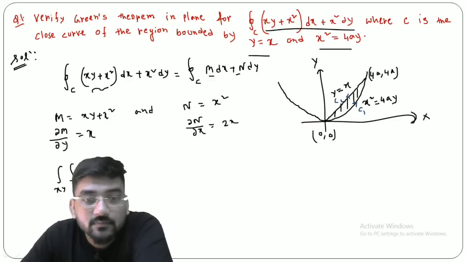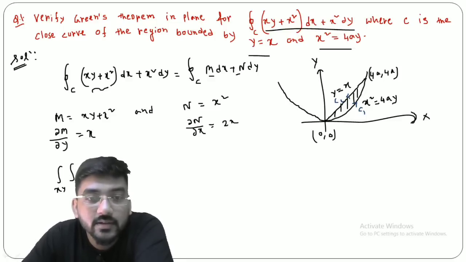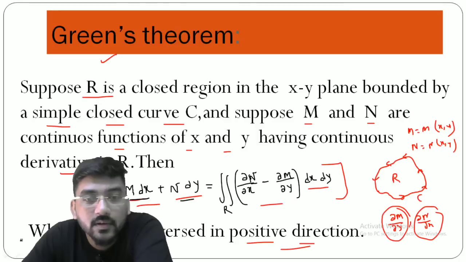Now we have to put here, sorry, not M dx, we have del N del x minus del M del y into dx dy. If you want, you can check: del N del x minus del M del y into dx dy.